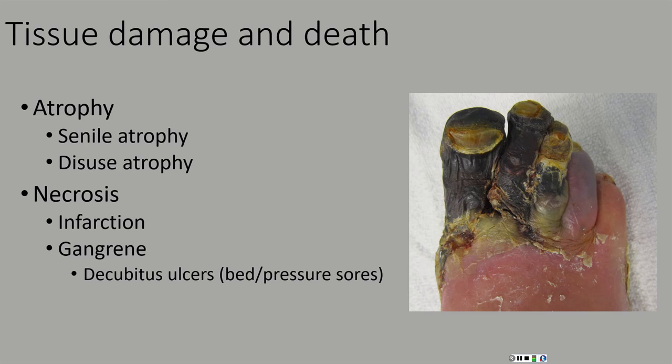We could also have something called gangrene, and that's what we see over here in this nice picture. Gangrene is from infection that comes about because of a disruption in blood supply. Now, disruption could mean that it is completely blocked off or that it is just really, really diminished, but then infection sets in. And there's several different types of gangrene.